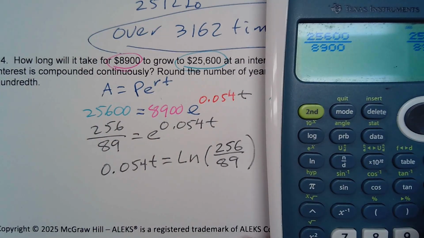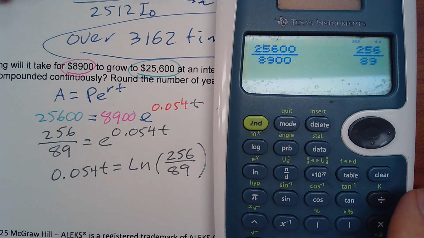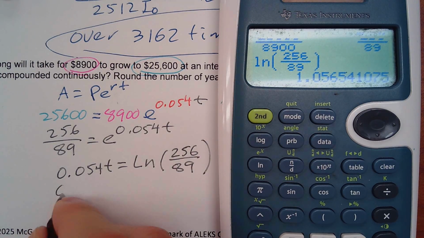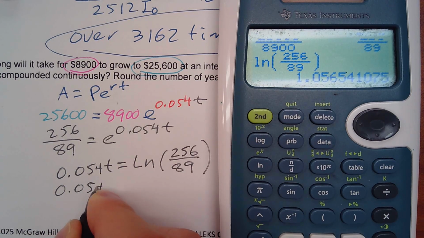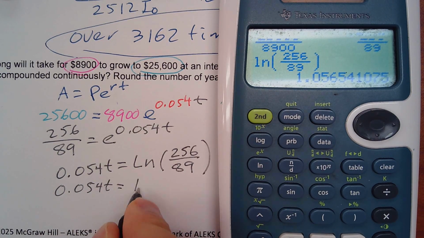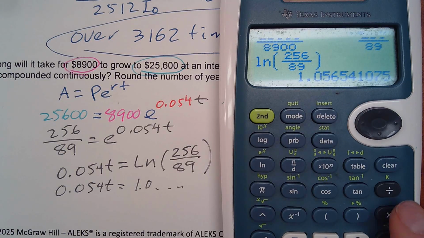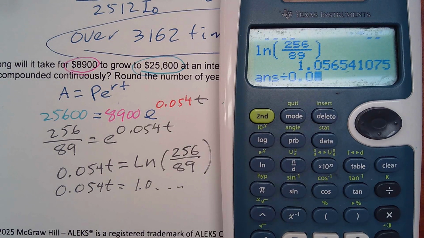So I want to take the natural log of that 256 over 89. So I'm just going to grab it. So that's 0.054t equals 1.0 blah blah blah blah. And I'm going to solve this by dividing by 0.054.